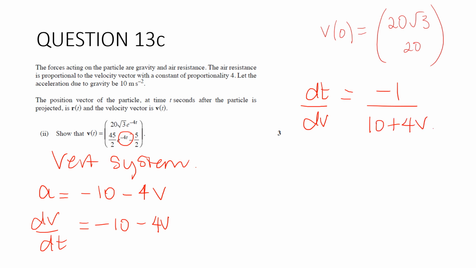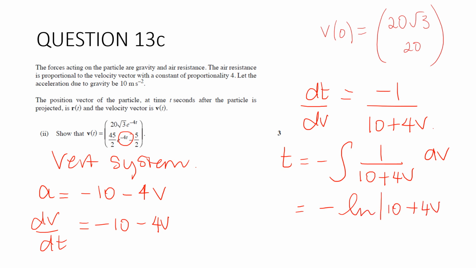So t is equal to negative integral of 1 over 10 plus 4v dv, which is equal to negative ln of 10 plus 4v, divided by 4, plus c.